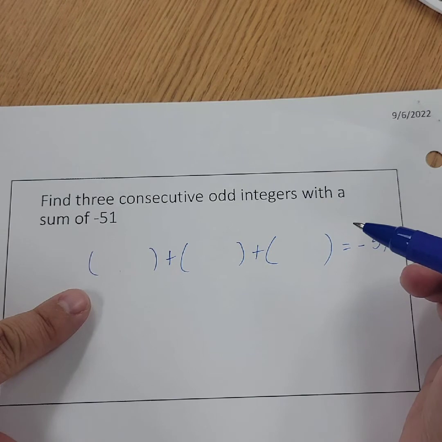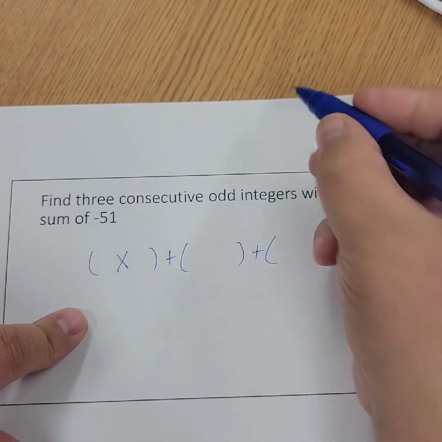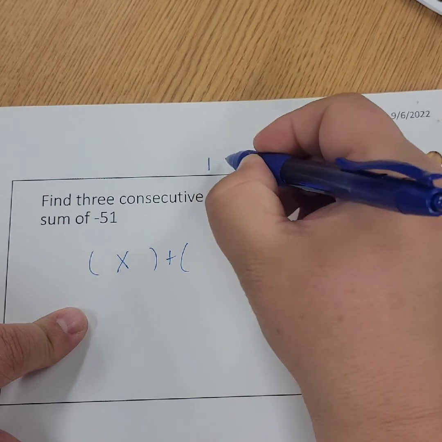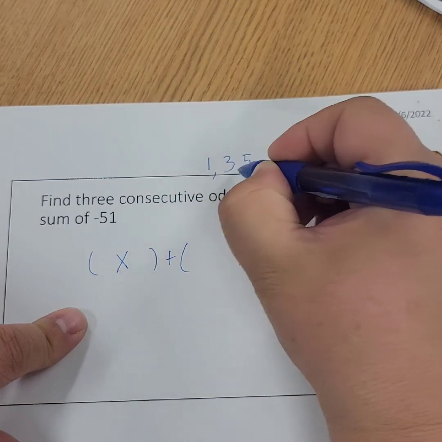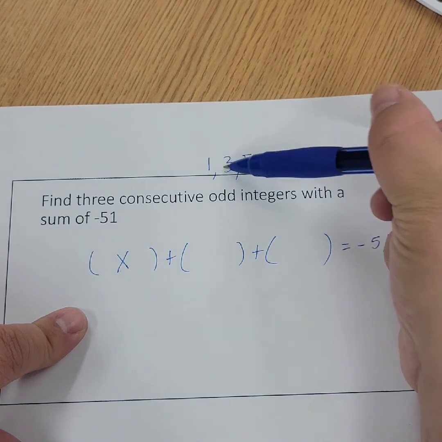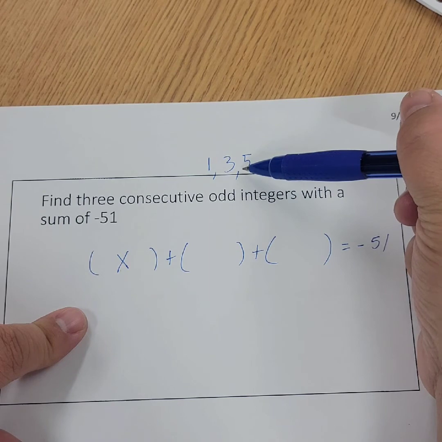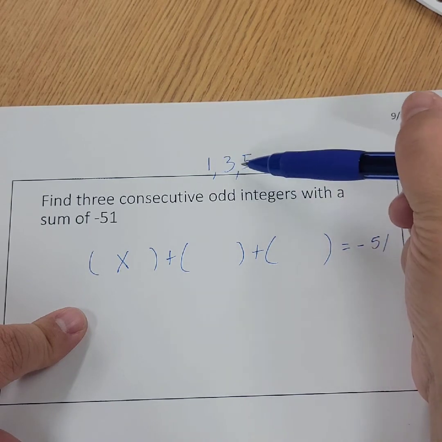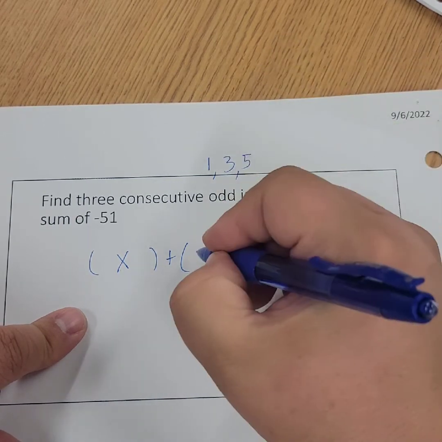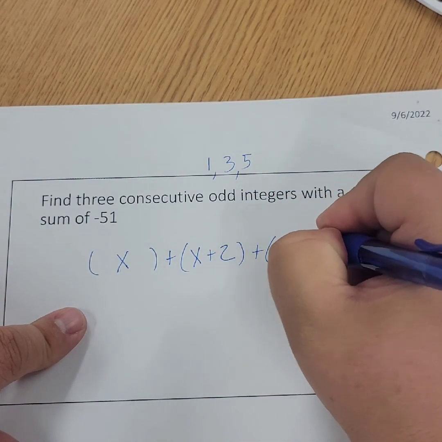We can still start with x, but if they're consecutive odd numbers, well, if we had 1, 3, and 5, to get from 1 to 3, we have to add 2. To get from 3 to 5, we have to add 2. So to get from 1 to 5, we actually have to add 4. So we're going to add 2, and we're going to add 4.